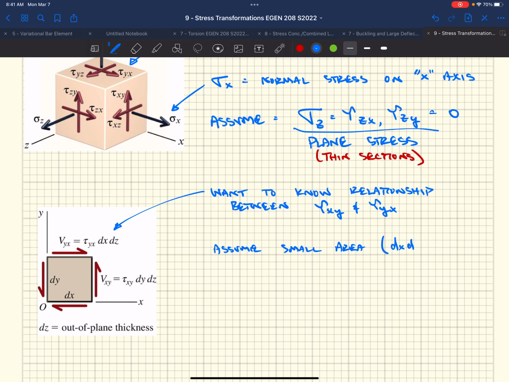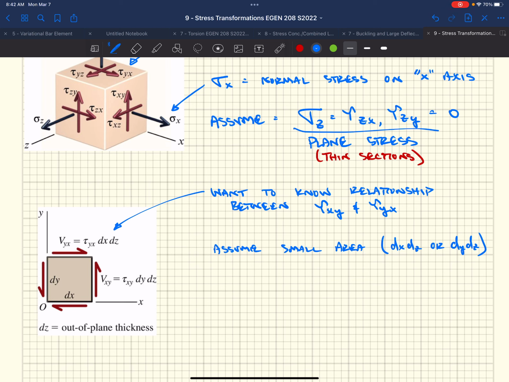That's dx, dz, or dy, dz. That's the areas over which this stress acts. Tau xy is the shear stress on the x face in the y direction. And that shear stress, as we know, creates a force equal to the stress times the area.